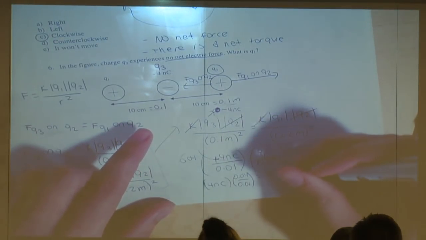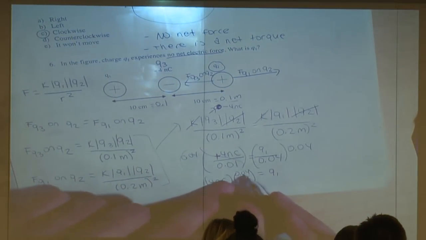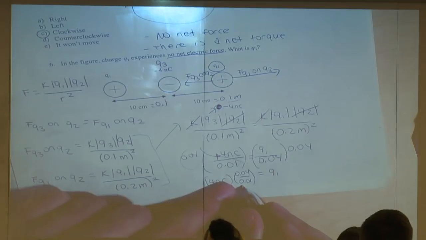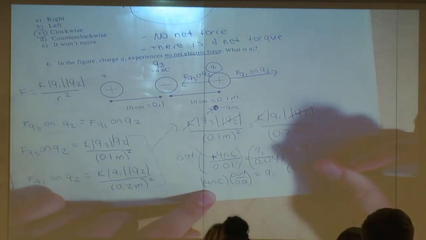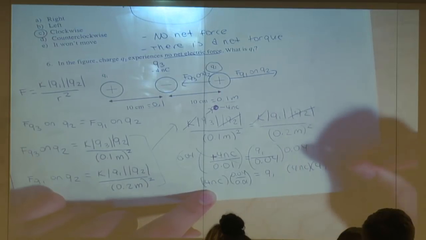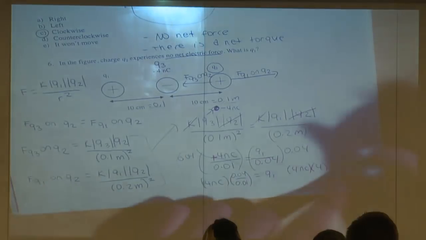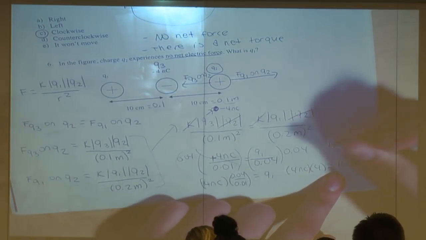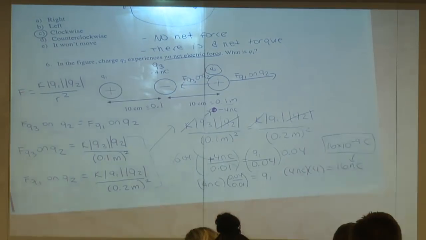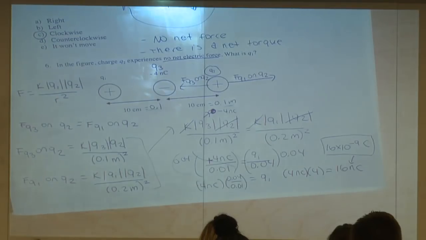If you solve that, it ends up being 4, because 0.04 divided by 0.01 is just 4. So it's 4 nanocoulombs times 4, which is 16 nanocoulombs. And remember that this is 16 times 10 to the negative 9th coulombs. We also could have converted that in the beginning, but either way is fine. If she gives you the answer in nanocoulombs, then it works out the same.